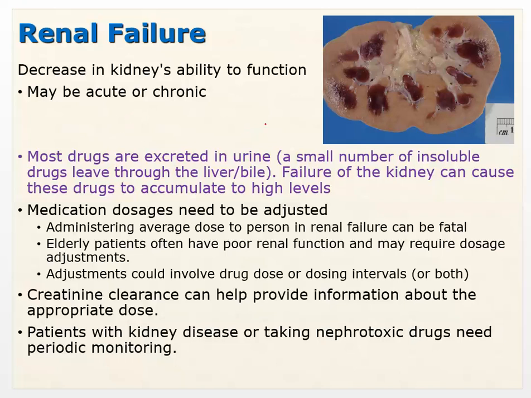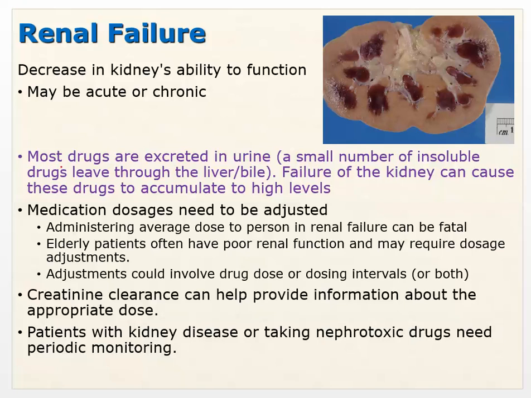And we have up here a picture of a failing kidney, and you can kind of see these pyramids where the nephrons are just kind of wasting away, just kind of going away little by little and being replaced by fat and connective tissue. So I kind of mentioned this earlier, most drugs are excreted in the urine. So most drugs.